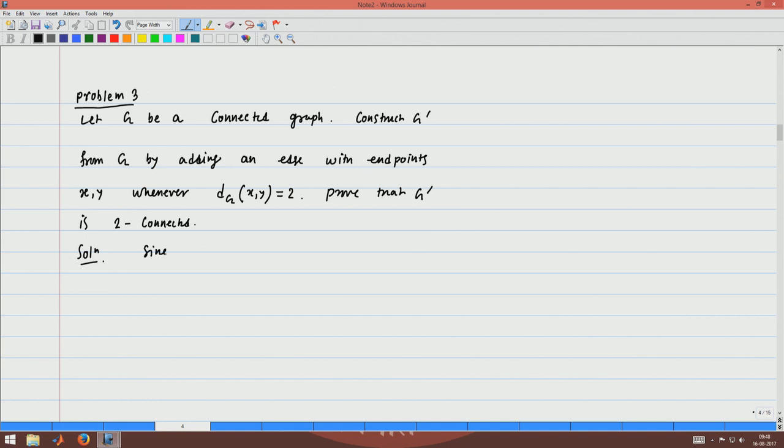Since this is a connected graph with number of vertices at least 3, since n is greater than or equal to 3, it suffices to prove that G prime has no cut vertex.